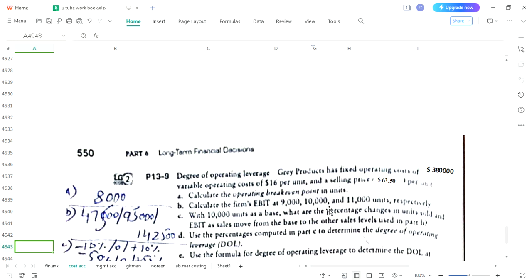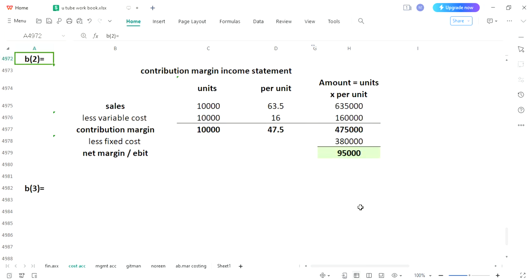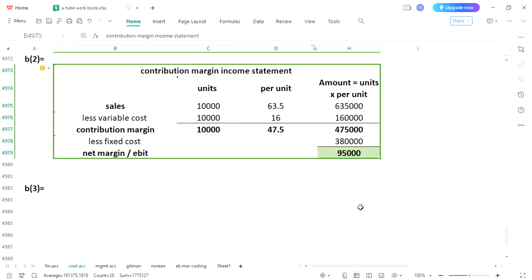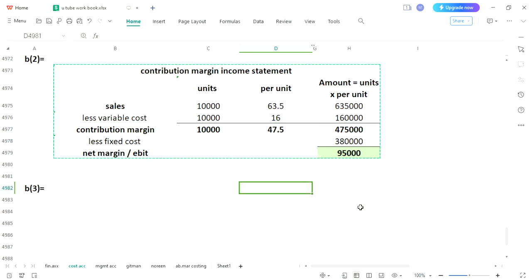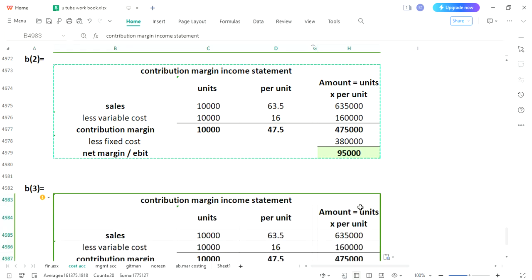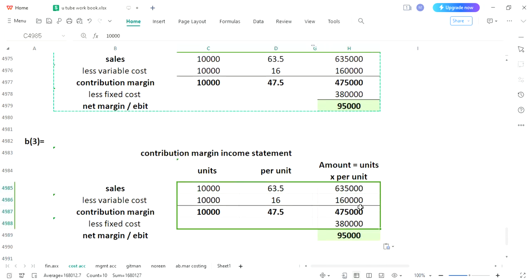Three separate numbers of units are given over here, 9,000, 10,000. We have completed, and now we will complete the income statement for 11,000. It's a good practice. Right now what we will do, we will take all of these headings and I will use it to make our third contribution margin format income statement for 11,000 units.